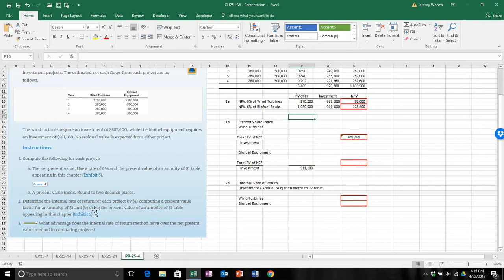All right, and so part B, we want to calculate a present value index to 2 decimal places. And so that is going to be the total present value of the net cash flows, and we're going to divide that by the investment.